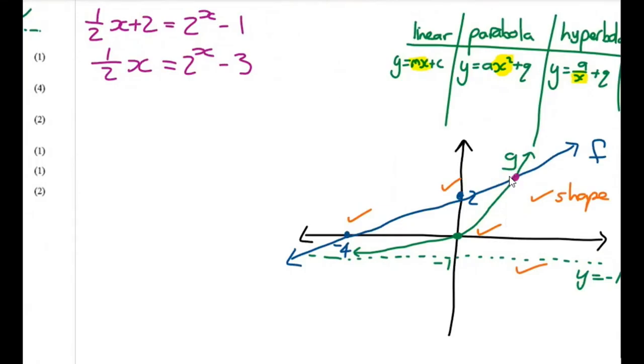Okay, and we are going to now try and find a point where these guys are going to cross. So my estimation is, if I have a look here, it looks like it might be around about a 1 or a 2. Okay, so we're going to use our graph to help us because we cannot solve this equation. That's why it said use your graph. So we're going to test stuff.